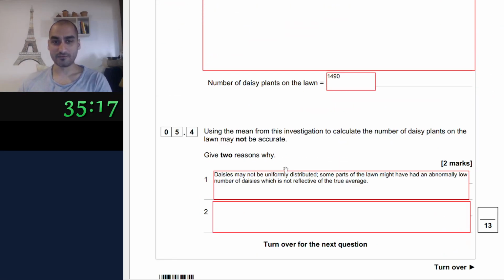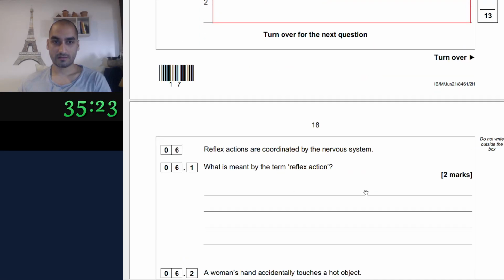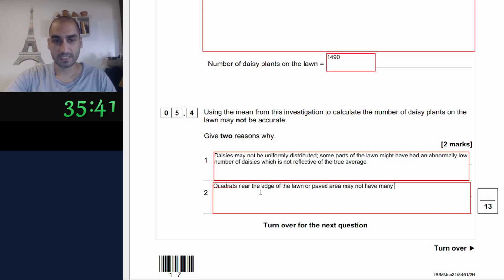It's just that average is not always perfect. It's an average. Let's just say quadrats near the edge of the lawn or paved area may not have many daisies as it is harder for them to grow there.